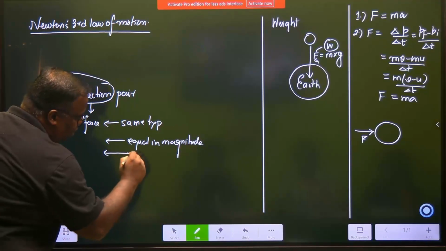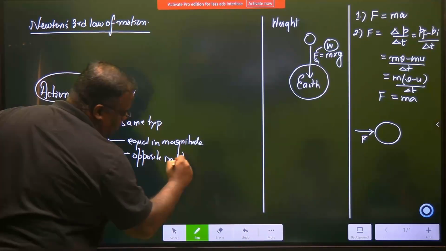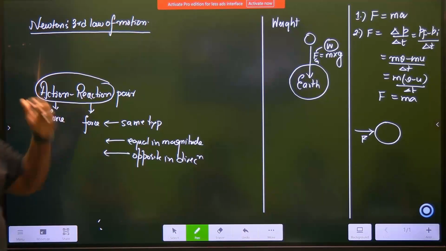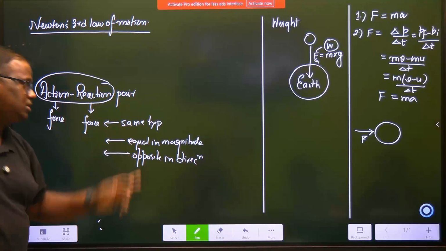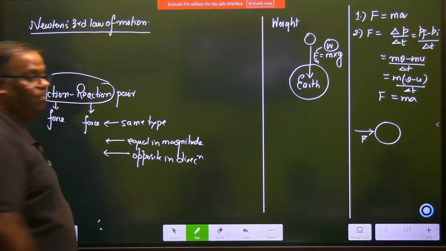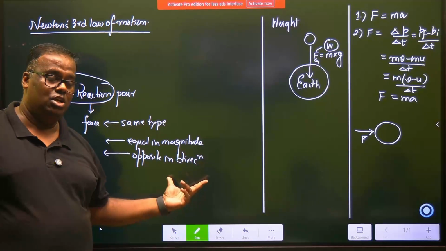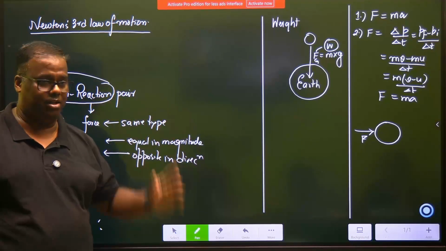And third, they should be opposite in direction. This is somewhat trying to hit what you try to say: every action has an equal and opposite reaction. Just see. Two forces which are of the same type, equal in magnitude, opposite in direction. Only these forces will be called an action-reaction pair.